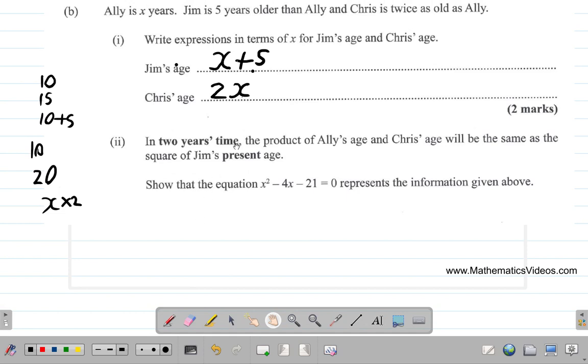In 2 years' time. Alright, remember they say Jim's present age. Look at the part where they put it in bold, they highlight. They highlight the 2 years' time part, and then they highlight Jim's present age. Okay. Jim's age now, not Jim's age in 2 years' time, but Jim's age now. Alright, pause the video and work it out.